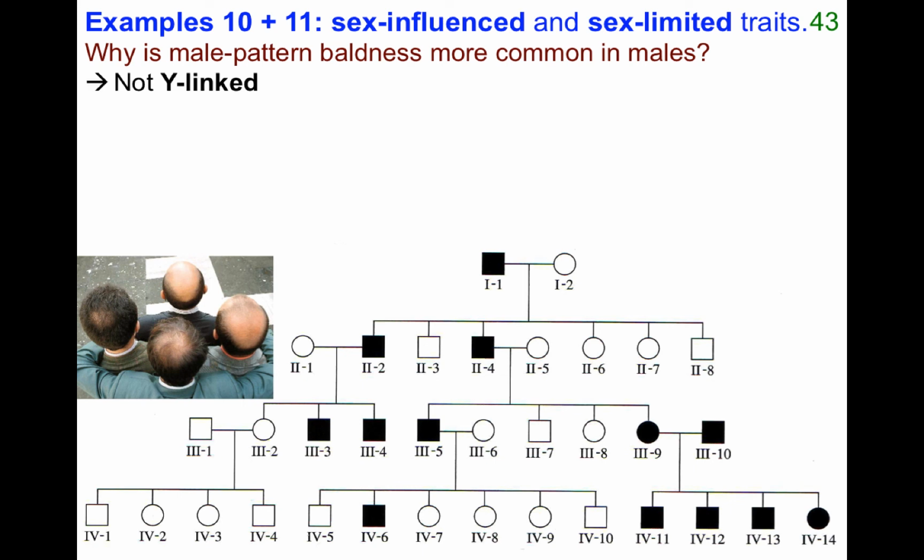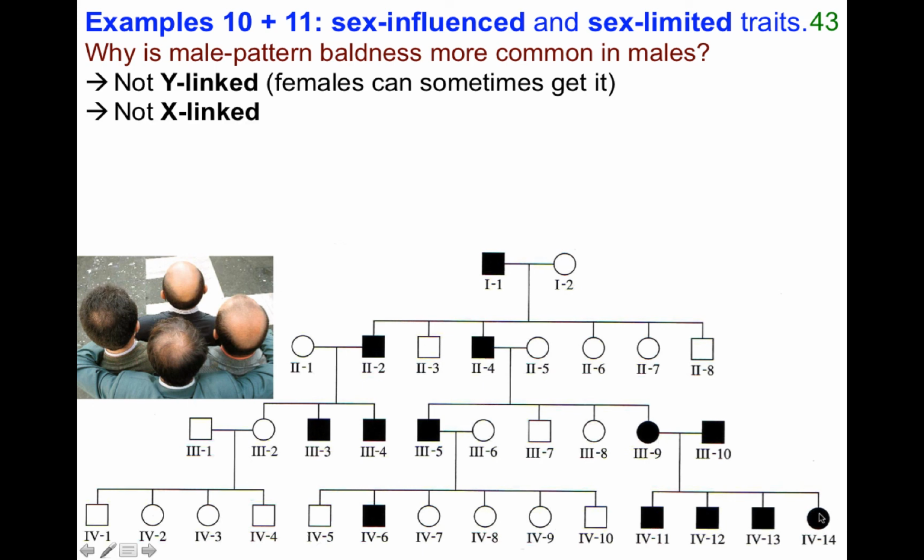Okay, welcome back. If you look closely at this pedigree, you'll see that it's not Y-linked. So that's not the explanation for why male pattern baldness is more common in males. We know it's not Y-linked because we see some females do have it. It's also not X-linked though, because notice that it can be passed from fathers to sons.